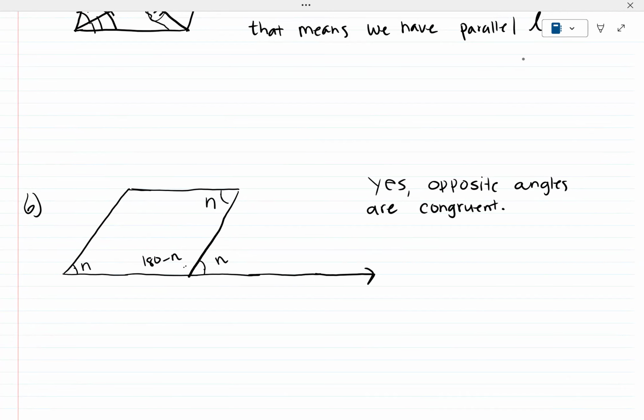And the other reason also is we have an angle that is supplementary. Both consecutive angles.